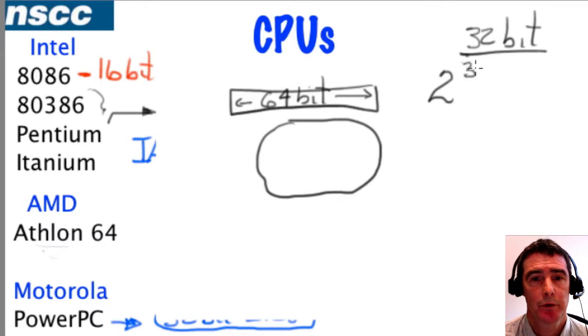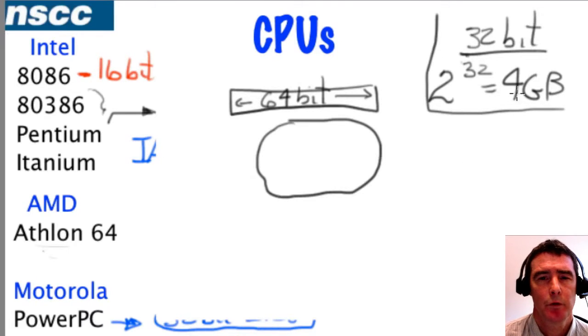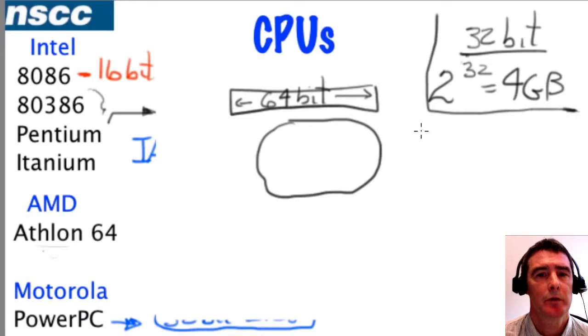Well, 2 to the 32, which is 4 gigabytes of memory. And it was starting to happen that in servers, 4 gigabytes was a limit that needed to be overcome for better performance.